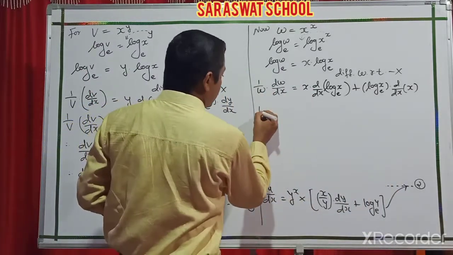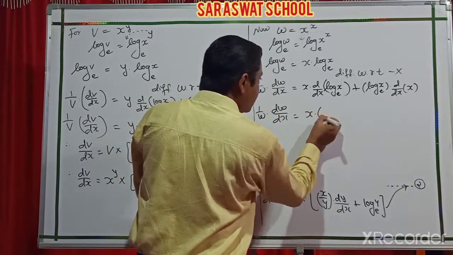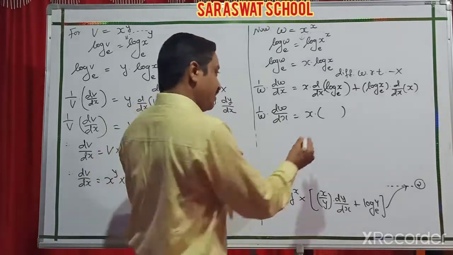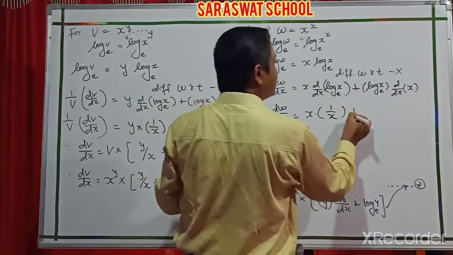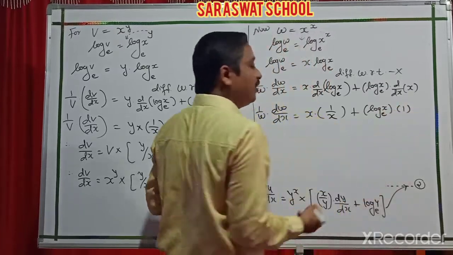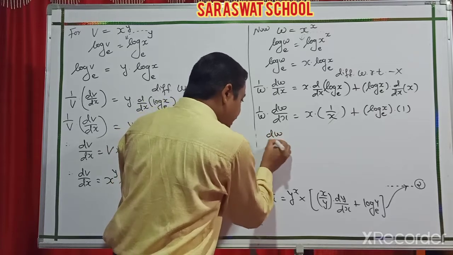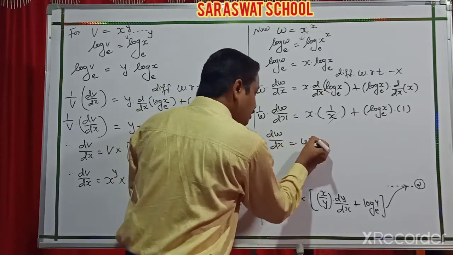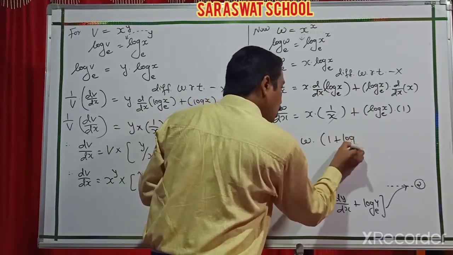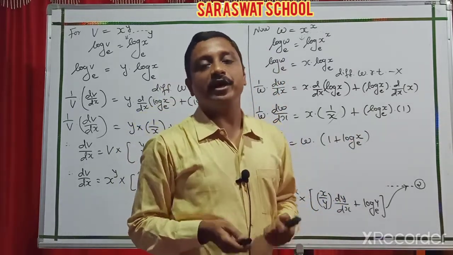So 1 by w into dw by dx, and what is the log x derivative? It is 1 by x, and here log x base e is the same, and d by dx of x is only 1. This also done. So what is dw by dx? It is w into 1 plus log x base e, and here, students, I just put in the w value.